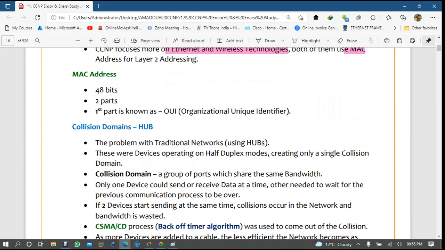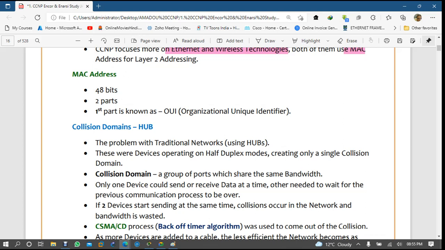Now, MAC address is 48 bits, and it is divided into two parts. The first part is known as the organizational unique identifier.